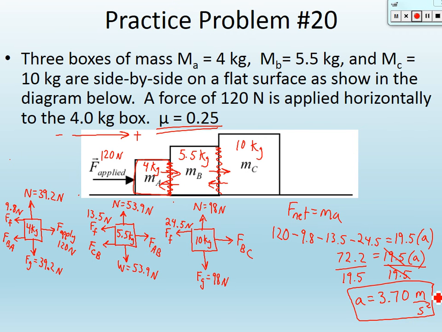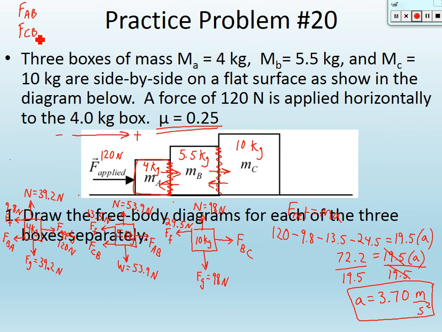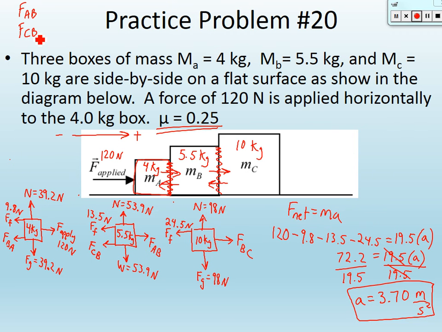But it also wanted us to find, let me quickly put this back up, the force that A puts on B and the force that C puts on B. So let's go ahead and find those contact forces now.